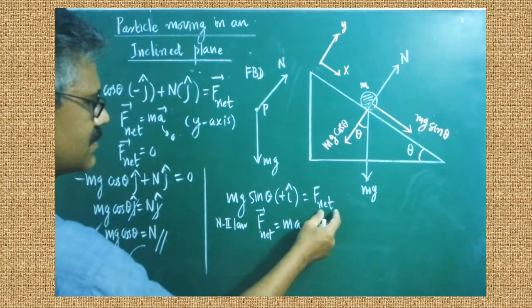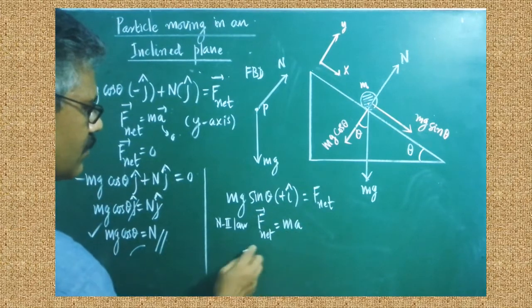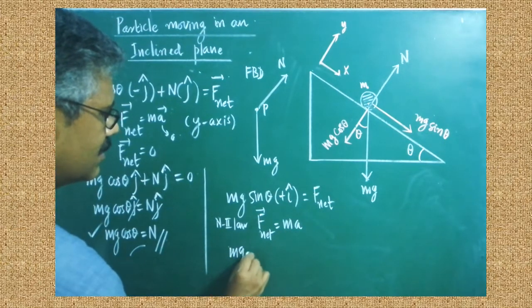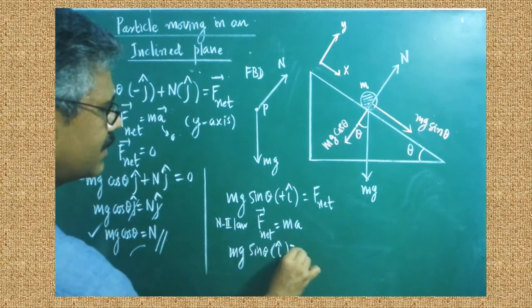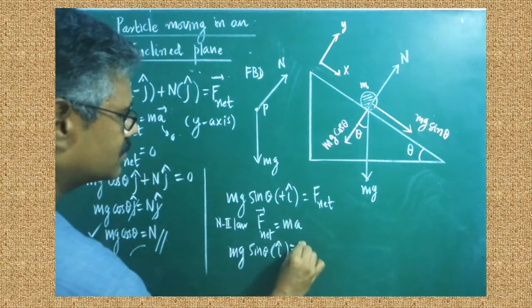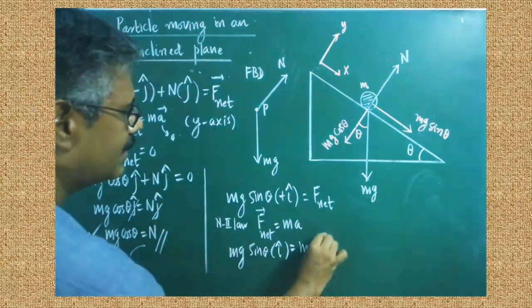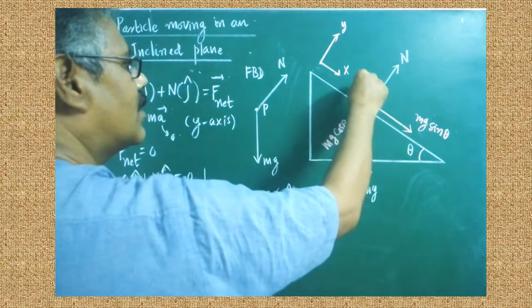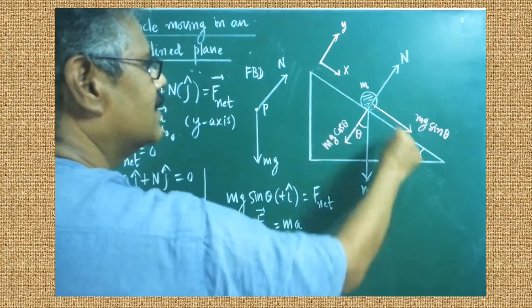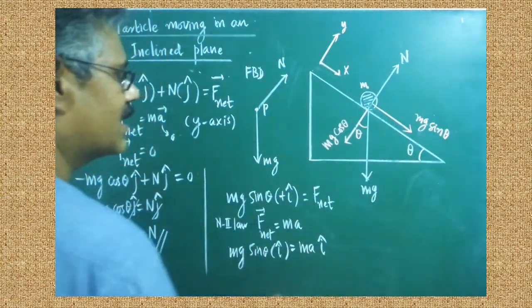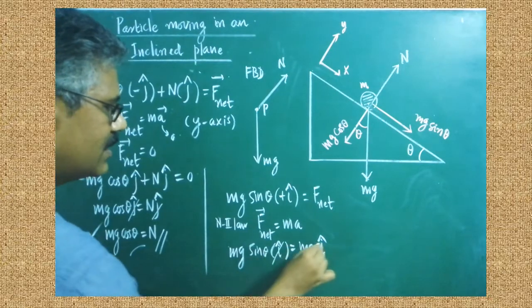Now instead of F net, you substitute this equation. mg sin theta i cap is equal to, instead of F net, substitute ma i cap, because the body is rolling down in this direction, that is along the x direction. So net force is also acting in the same direction. Therefore the i components are mg sin theta and ma.